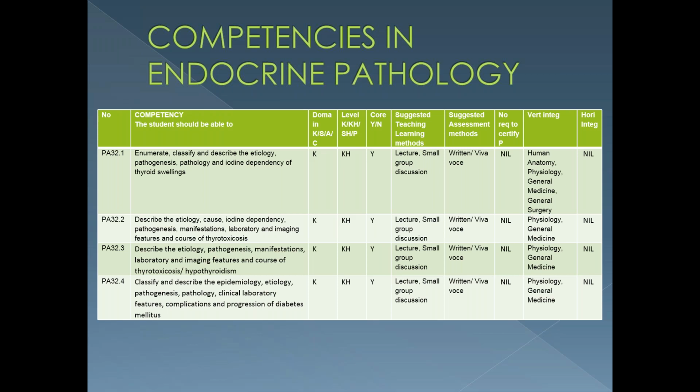Third one is describe the etiology, pathogenesis, manifestations, lab and imaging features, and course of thyrotoxicosis or hypothyroidism. So there is an overlap between PA 32.2 and PA 32.3. I'll come to that. Then fourth is PA 32.4: classify and describe the epidemiology, etiology, pathogenesis, pathology, clinical lab features, complications, and progression of diabetes mellitus. This is the most important one, and I'll be dealing with this in detail as we go on.